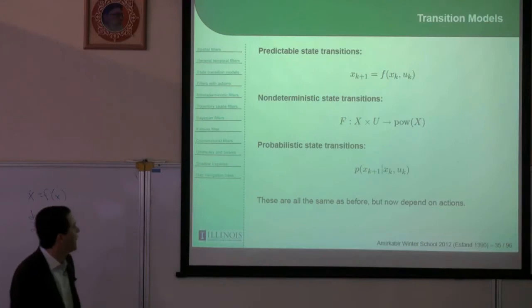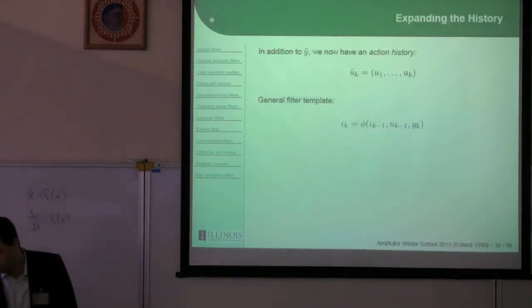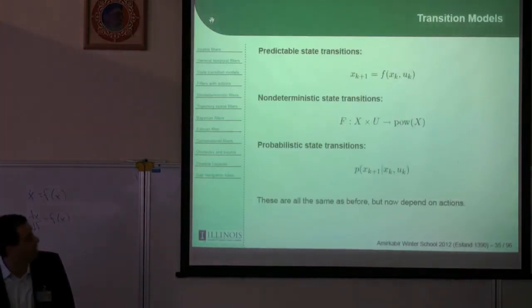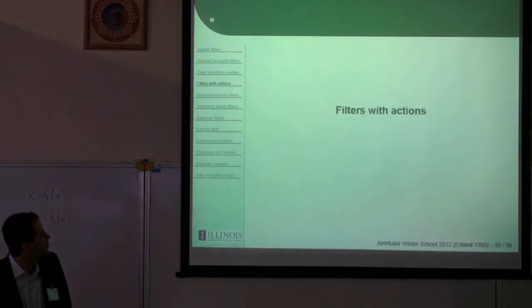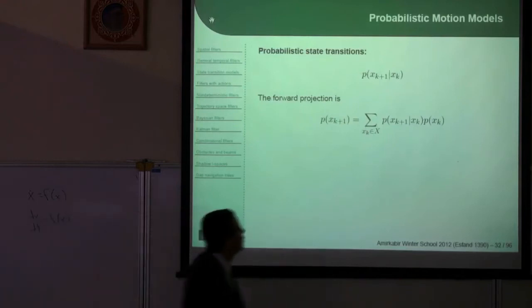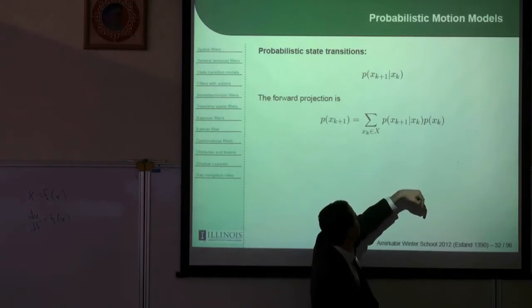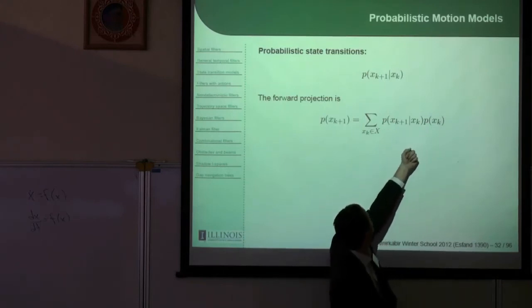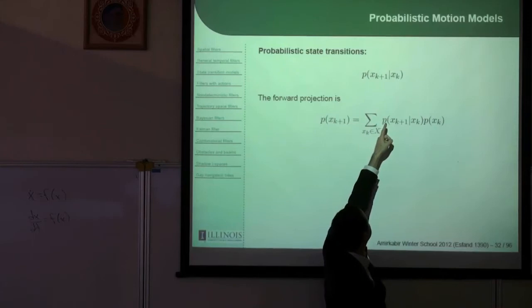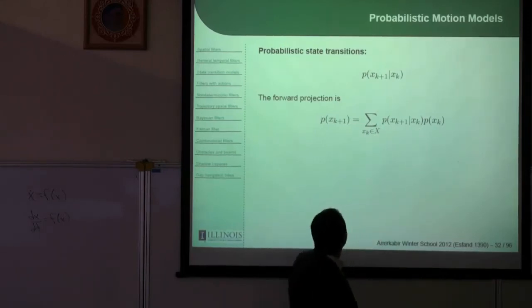So all of the stuff I just presented for these three cases when we look at forward projections should look the same. Let's see if I have that coming. If I go back to the forward projections for these cases here, when I did all of these, if I just put, for example, a uk up there with the xk, given uk, and given uk here, I'll say a little bit more.